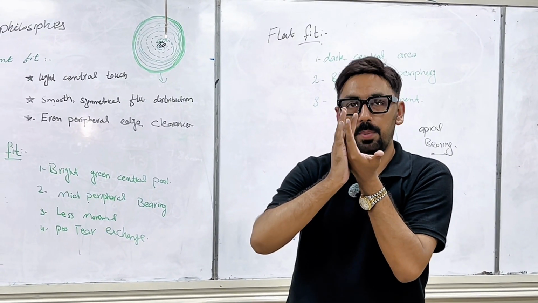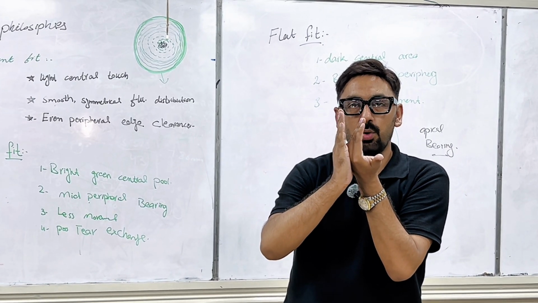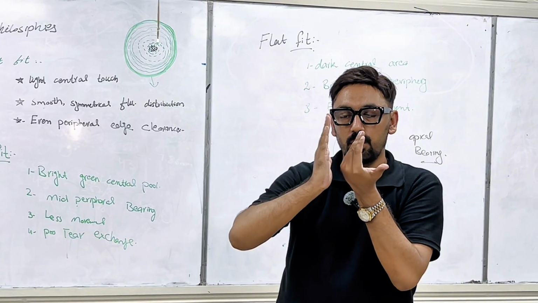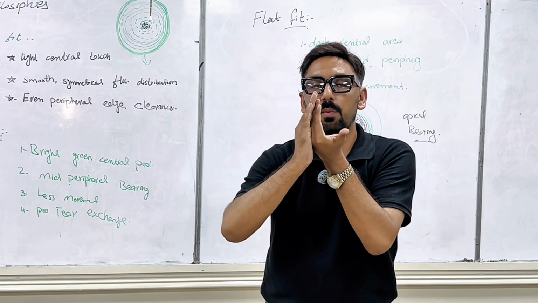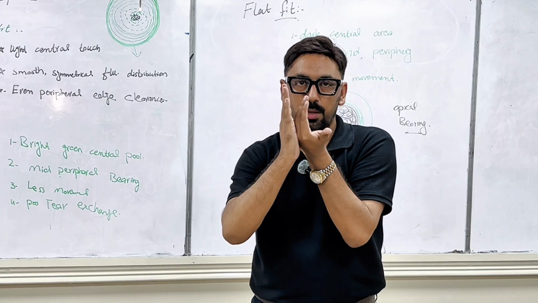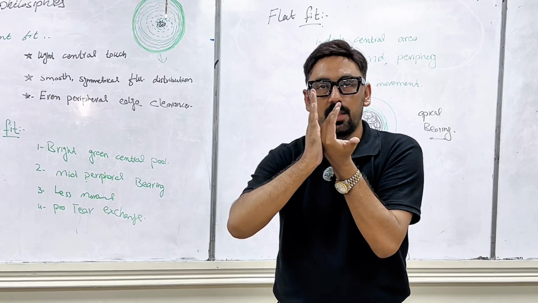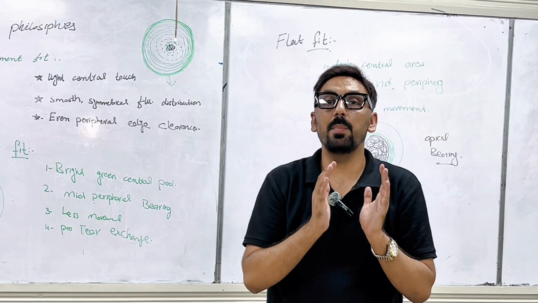And there will be more gap between the lens and the cornea at the periphery, right? So because at the center they are touching together, there will be a blackish area at the center, and that is called the apical bearing, right?